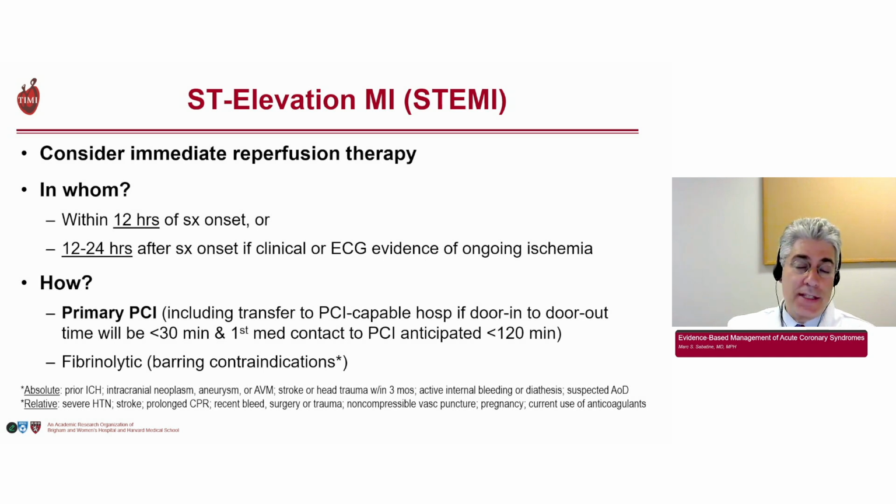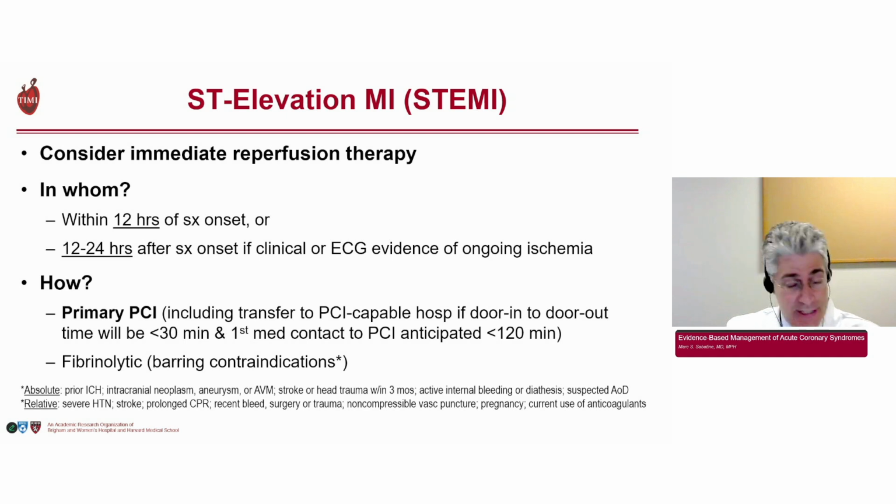Okay, so for STEMIs, in some way, the care there is the simplest, although they're at the highest risk because they should get immediate reperfusion therapy. It's anyone who's presented within 12 hours of symptom onset, and even those 12 to 24, we look, if you will, for any excuse to bring them typically to the cath lab, any residual symptoms, any ECG evidence. How? Typically primary PCI.